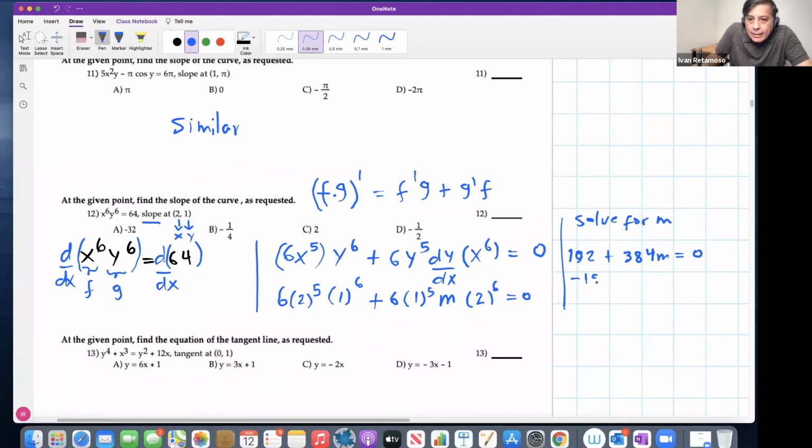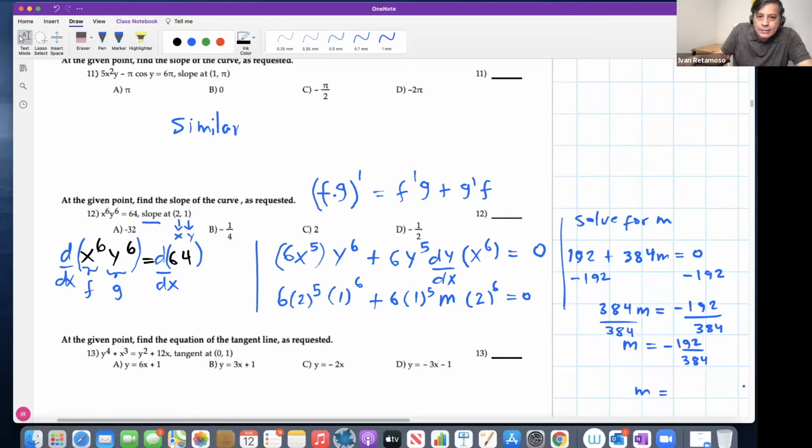Next, 192, subtracting both sides, right? 384 m equal negative 192. Divide both sides by this guy, right? And that's it. Now, comment here, right? Notice the simplification of this probably is a little bit challenging because you have to start taking halves and fourths and stuff, right?